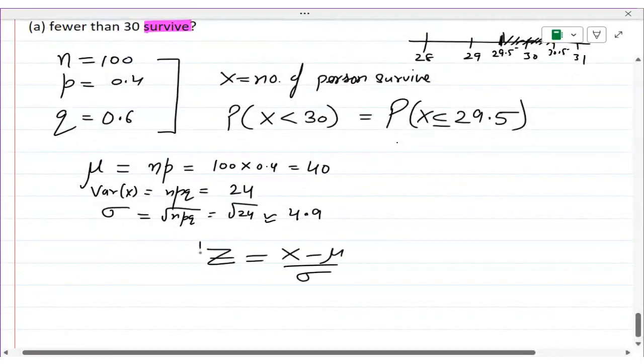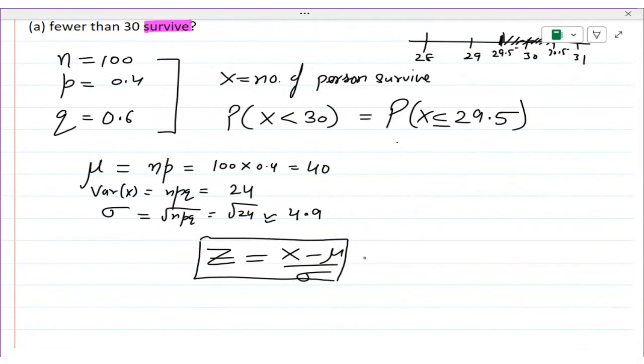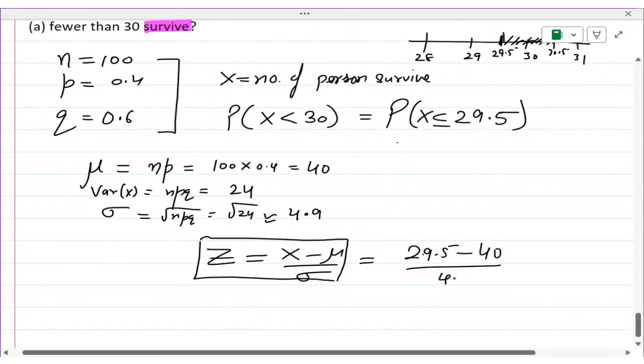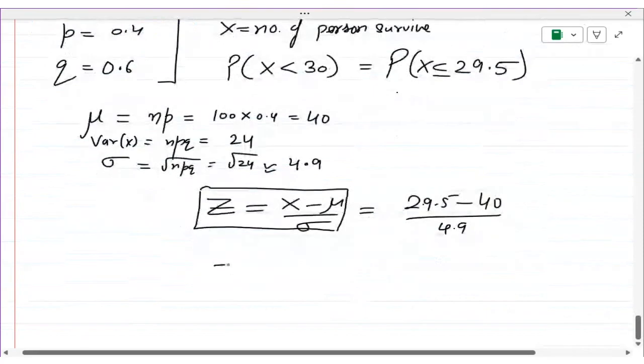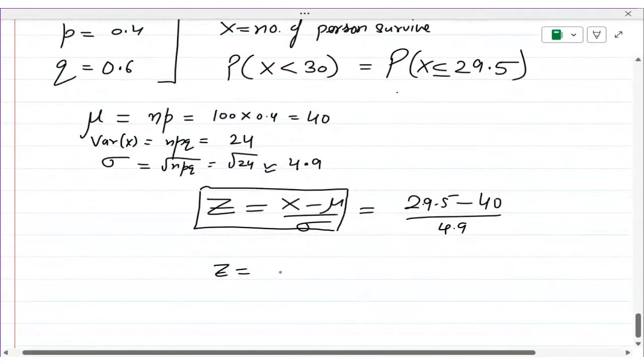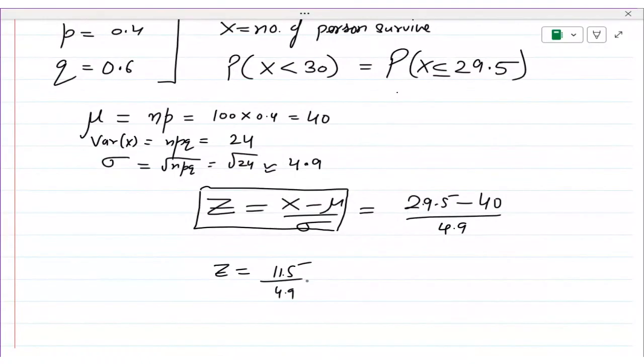This will save us and help us solve the problem of normal distribution. Now our X is 29.5, the mean is 40, and we divide by 4.9, the standard deviation. So Z is equal to negative 11.5 divided by 4.9, which is approximately 2.35.